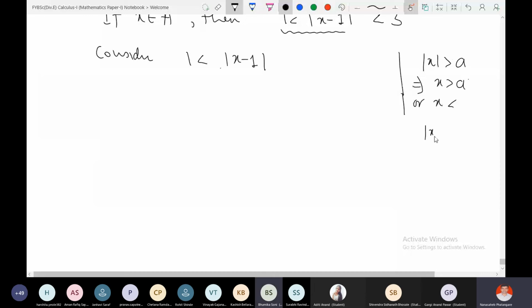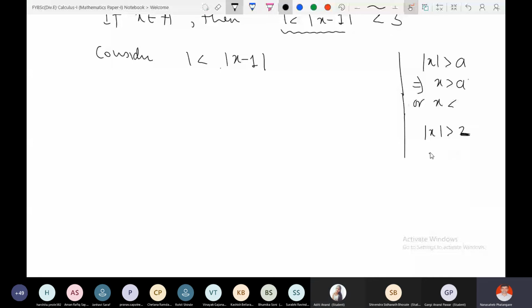When I say absolute value of x is greater than 2, what are the numbers for which absolute value of x is greater than 2? 2 is positive, so everything after 2.